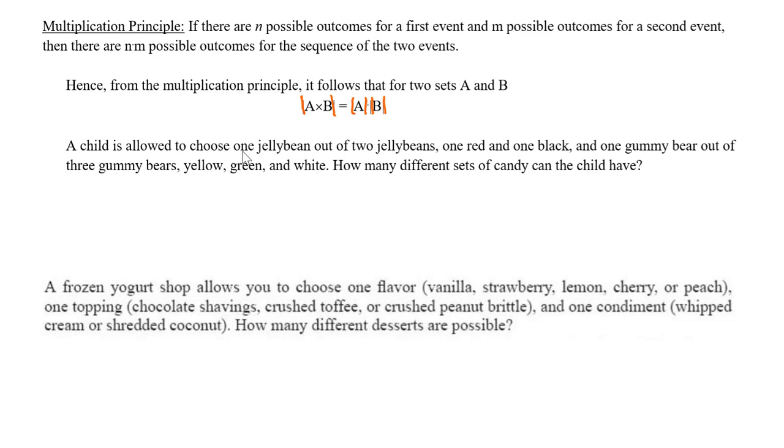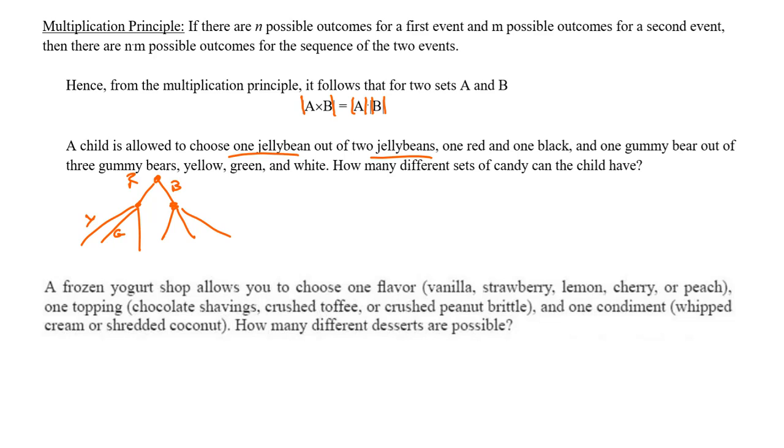So for example, a child is allowed to choose 1 jelly bean out of 2 jelly beans, 1 red and 1 black. So we could picture it as a tree diagram. You could have either a red or black jelly bean as the first choice, okay? Then for the second choice, he can have a gummy bear out of 3 gummy bears: 1, 2, 3.